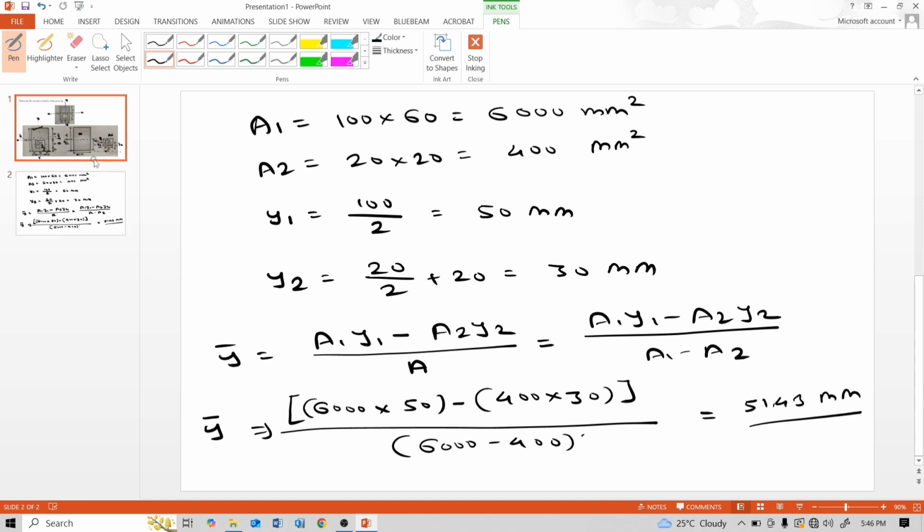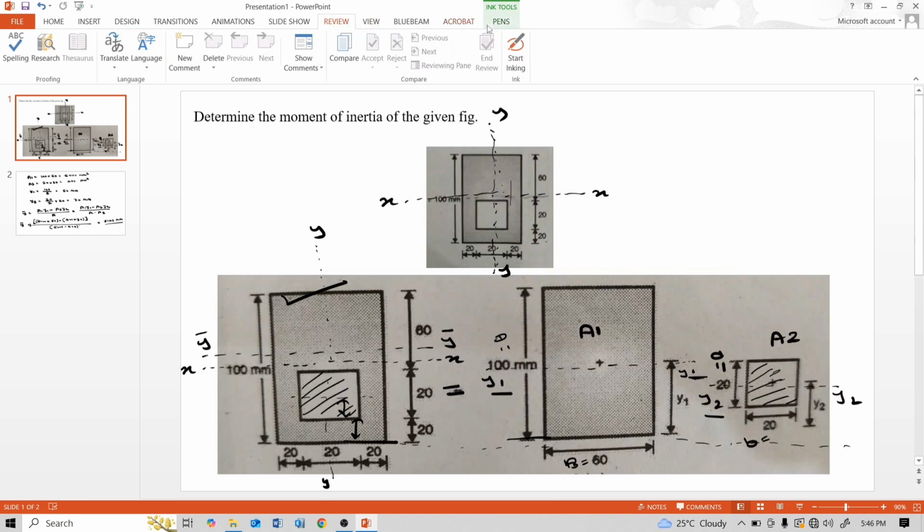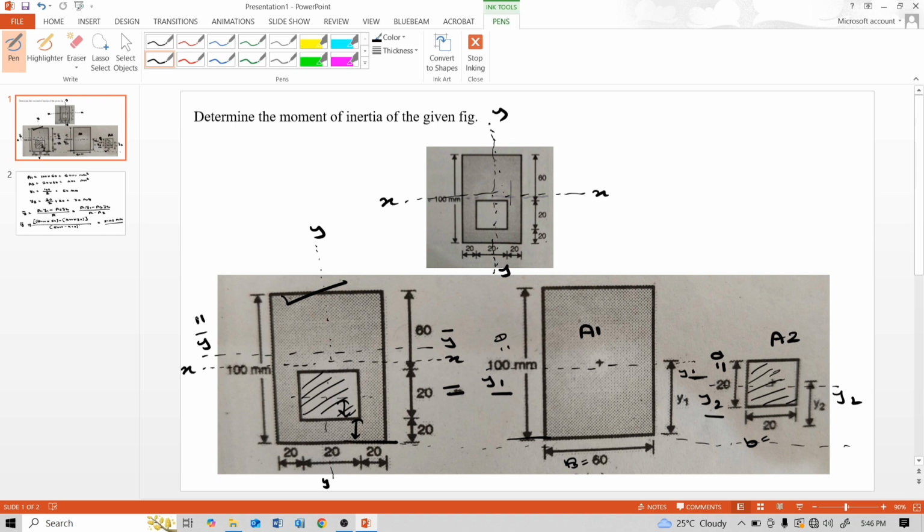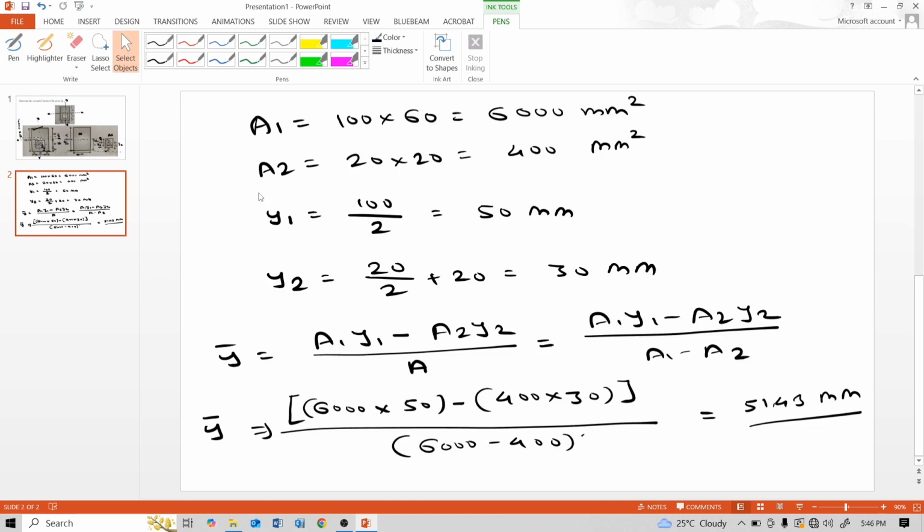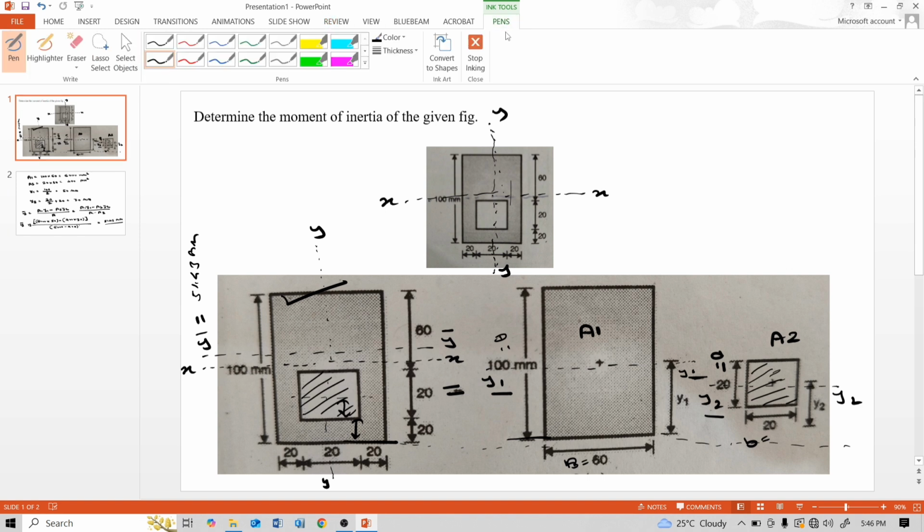So see, this y bar comes to 51.43 mm, this y1 neutral axis is 50 mm, and this y2 neutral axis for the square section is 30 mm.